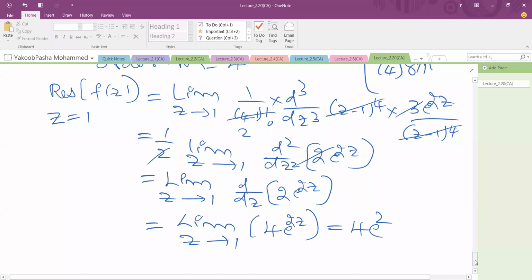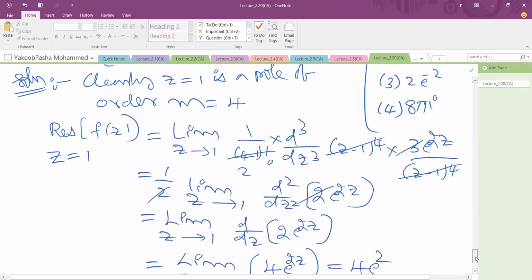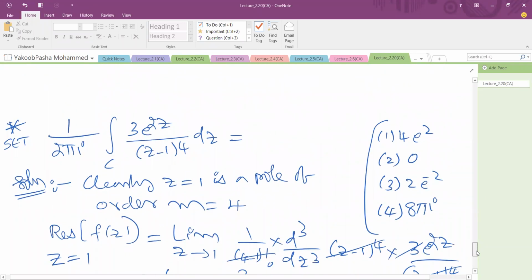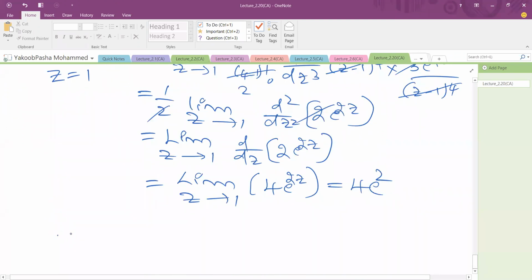This is the calculation of residue only, but we have to calculate the integral value. Therefore, by definition of residue, the integral of f of z dz is equal to 2 pi i into residue, that is 4 e power 2.